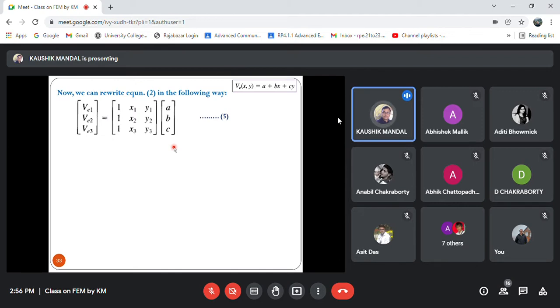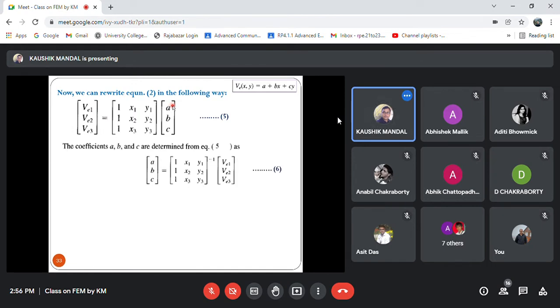Now these coefficients A, B, C can be found from equation 5 using the transpose of the matrix.